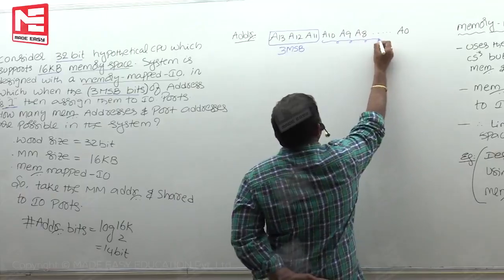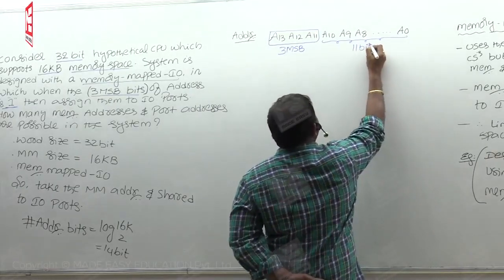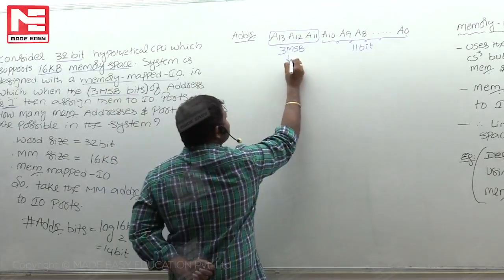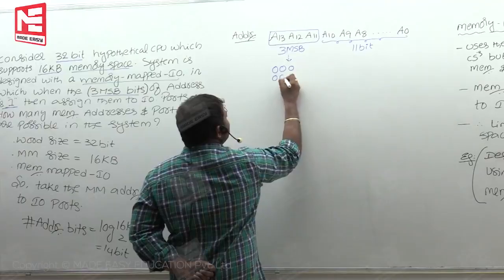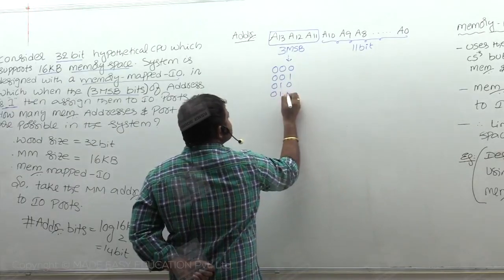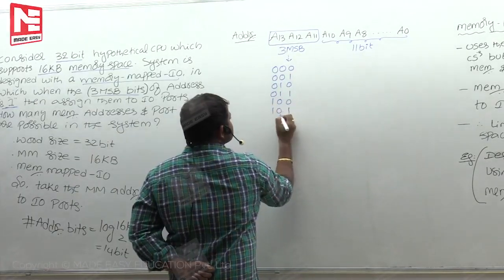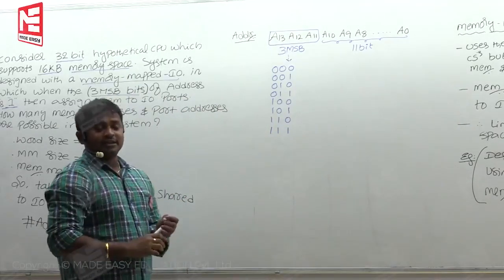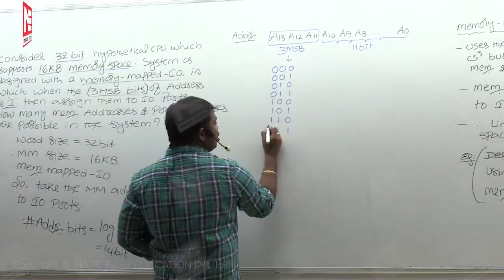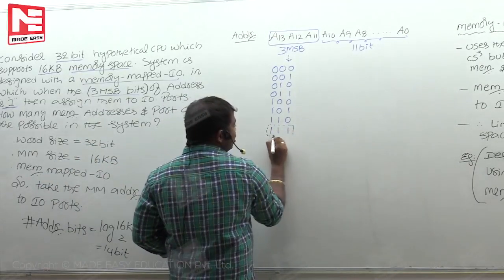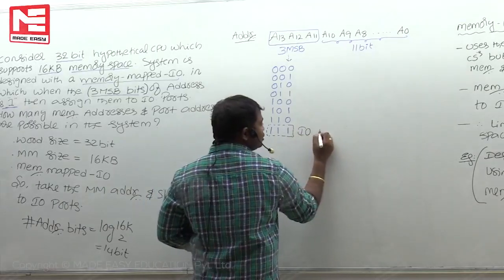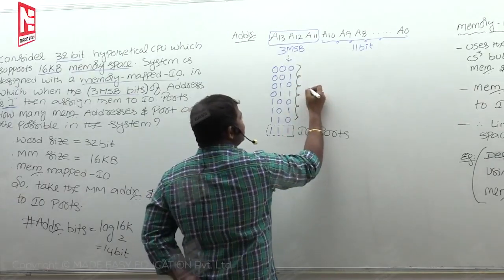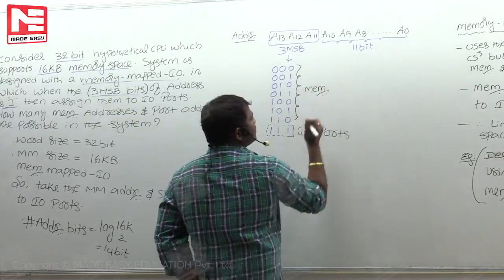After taking 3 MSB bits, we have 11 bits again. Now, when we consider the 3 MSB bits, there is a possibility of 8 combinations. In the 8 combinations, only one combination contains all ones. So this all ones combination of addresses is used for the IO ports. The remaining 7 combinations of addresses are used for the memory.